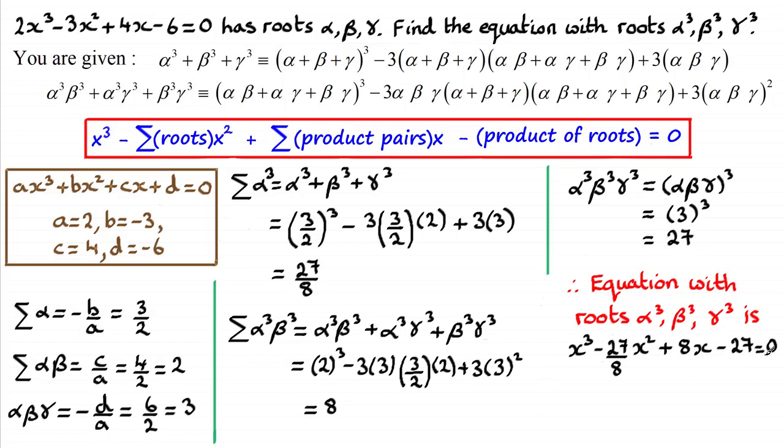So minus 27 there, and that equals 0. You might want to multiply through by 8, just to get rid of that fraction. If you do, you're going to get this result: the cubic equation is 8x cubed minus 27x squared plus 64x minus 216 equals 0.